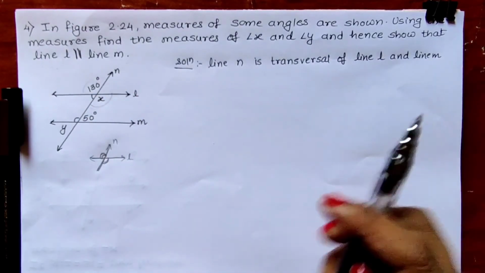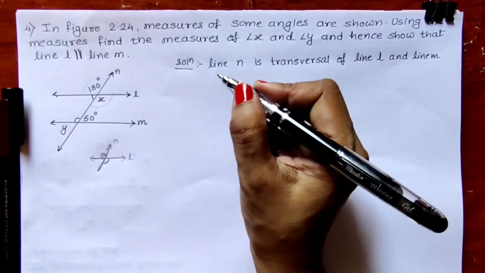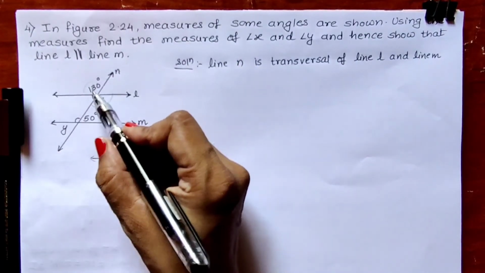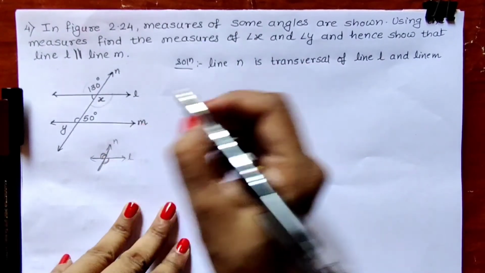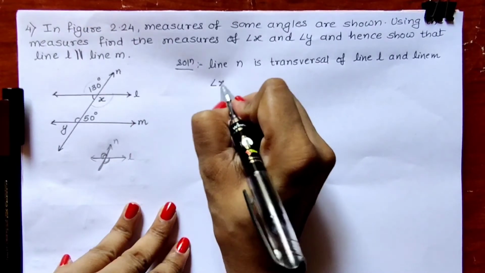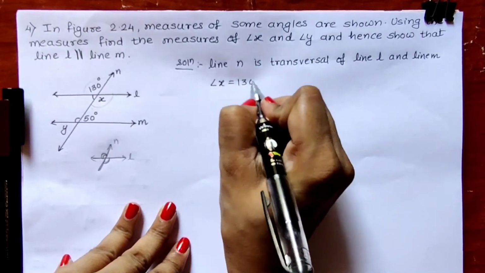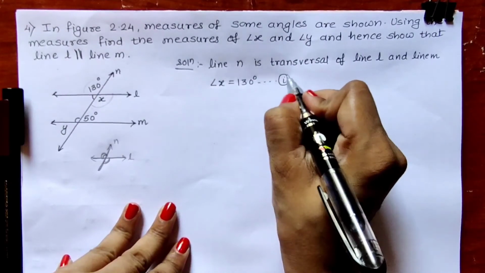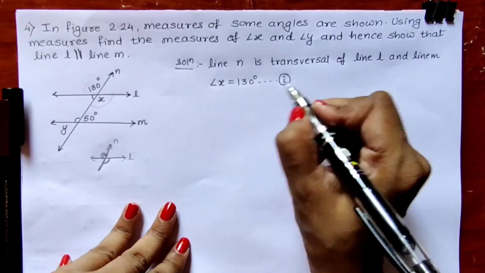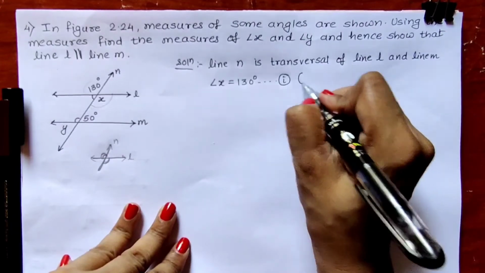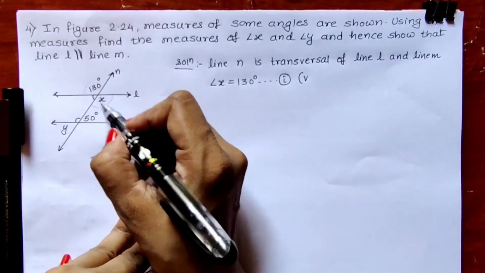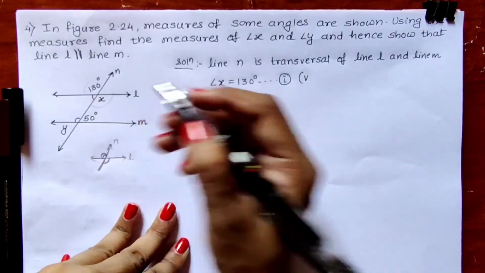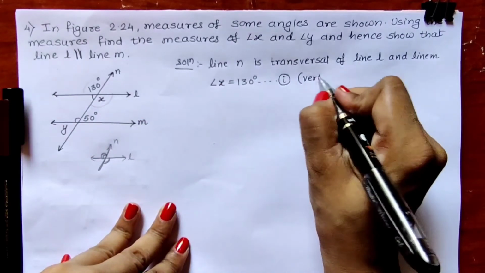So we are going to write angle X is equal to 130 degree. Reason we can write in the bracket. This is first statement or first equation which we have got, and the reason is they are vertically opposite angles.